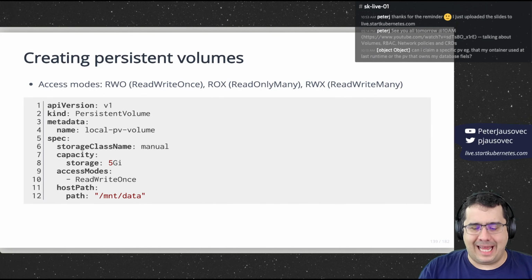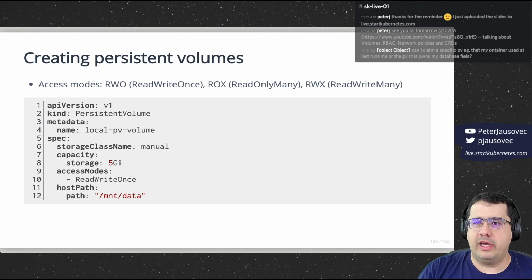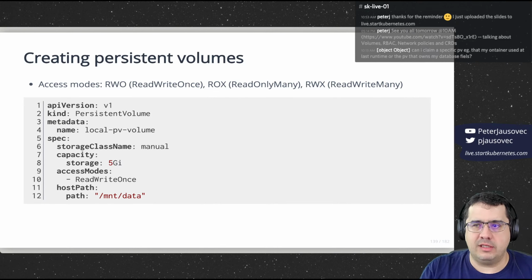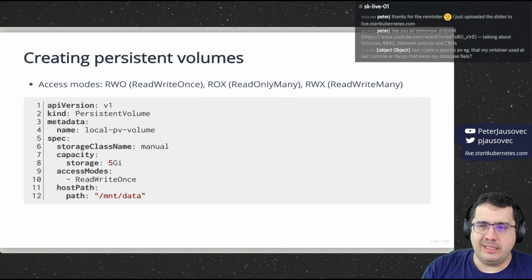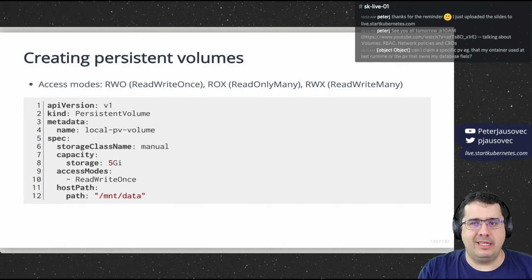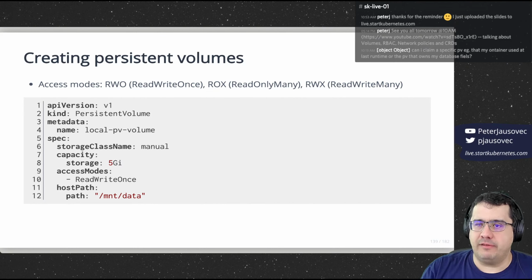There are also different access modes that you can choose from. ReadWriteOnce, where the volume can be mounted, and then read and written by a single node only. The second option is ReadOnlyMany, where the volume can be mounted as a read-only volume by many nodes, or ReadWriteMany, where the volume can be mounted as read-write by many nodes.